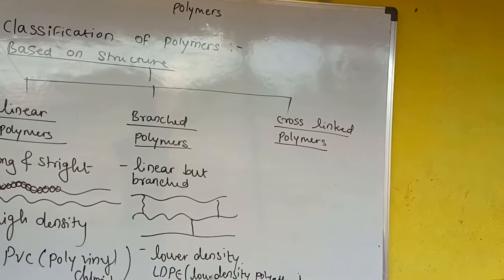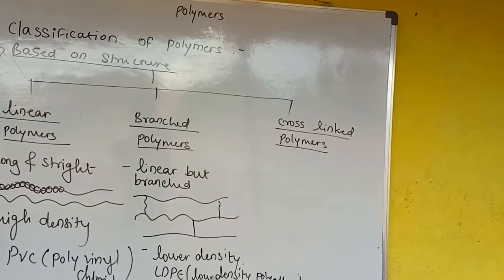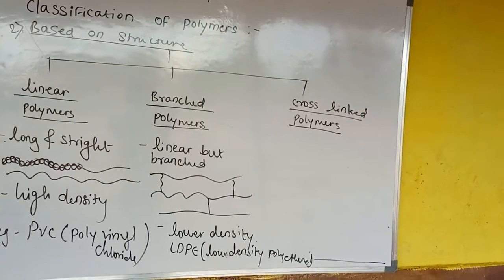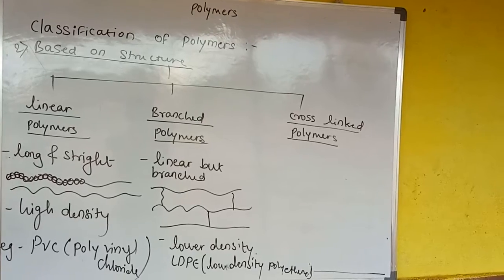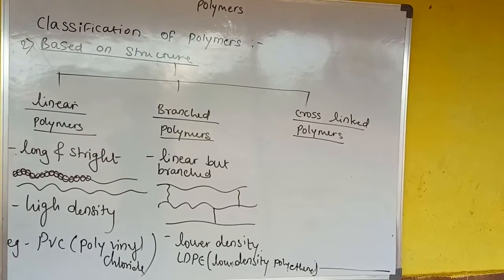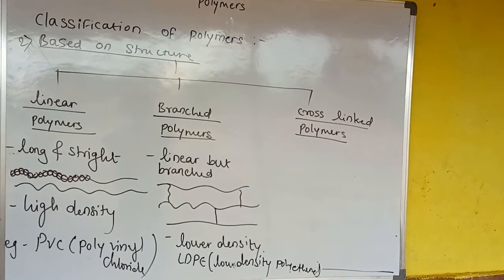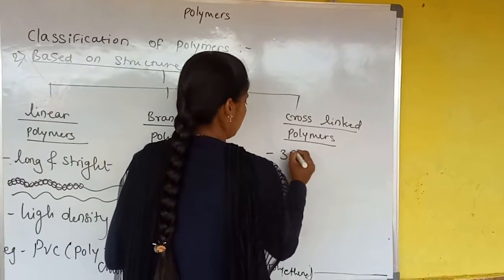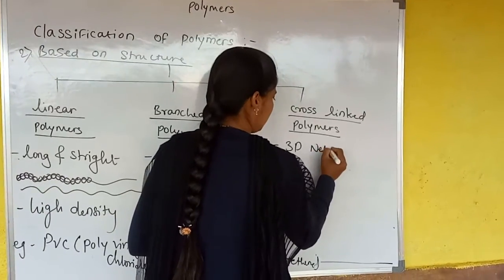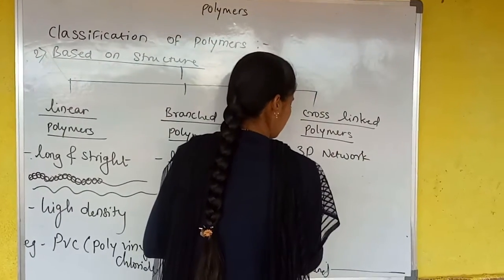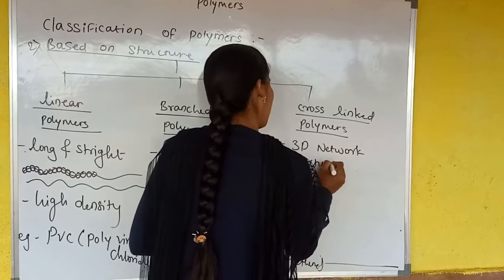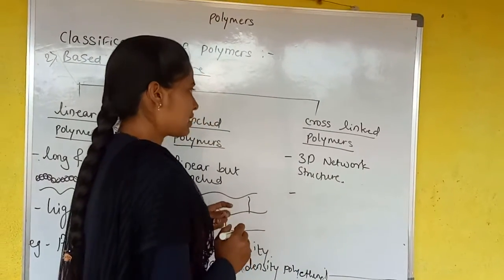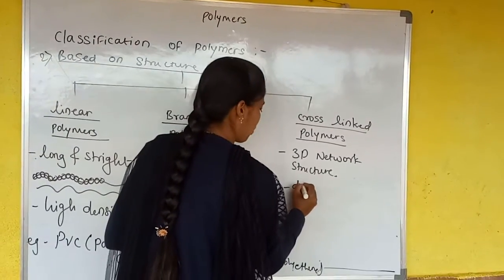After that come to the next part, that is cross-linked polymer. So what is meant by cross-linked polymers? They have a three-dimensional network structure, and they are derived from bifunctional and trifunctional monomers. What I said, they have a three-dimensional network structure. Okay, and after that, these cross-linked polymers are derived from what?